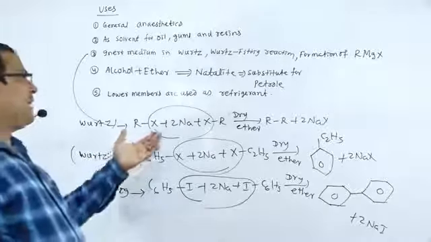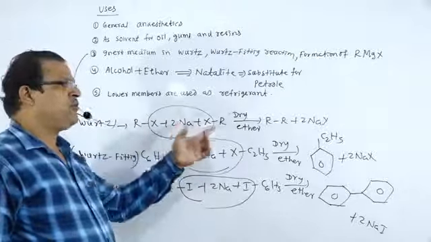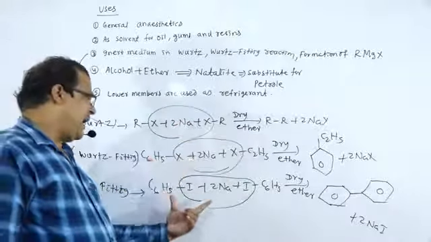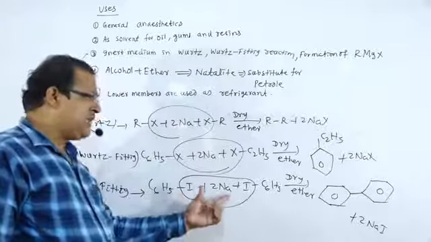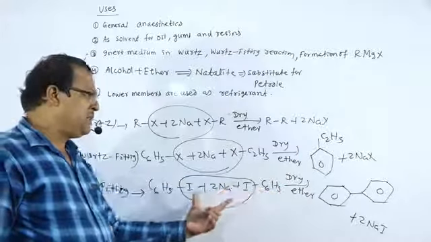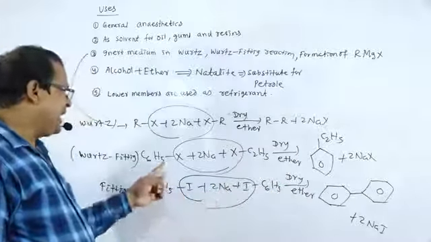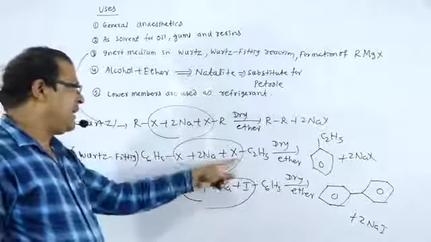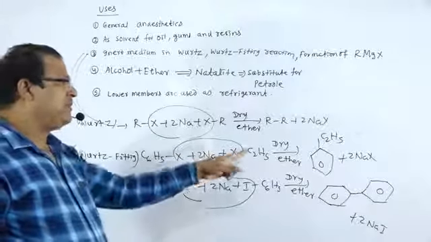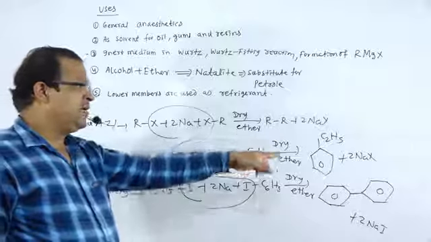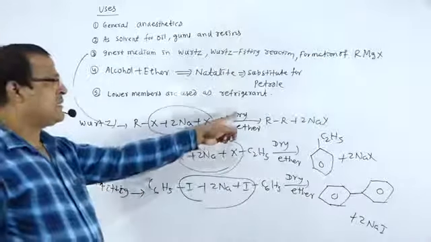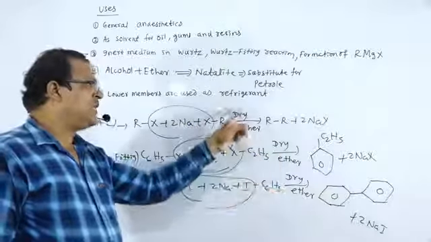The reaction of alkyl halides with metallic sodium to form a higher alkane is the Wurtz reaction. The reaction of aryl halides with metallic sodium to form diphenyl, biphenyl, is the Fittig reaction. And alkyl halide with aryl halide, forming alkyl benzene, is the Wurtz-Fittig reaction.